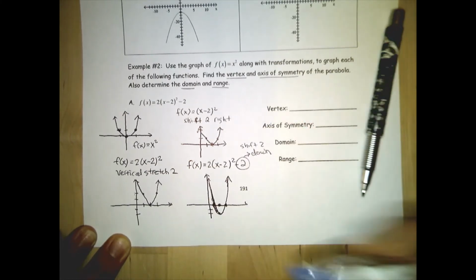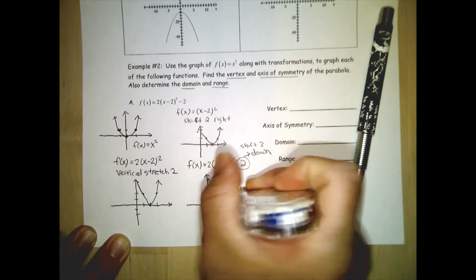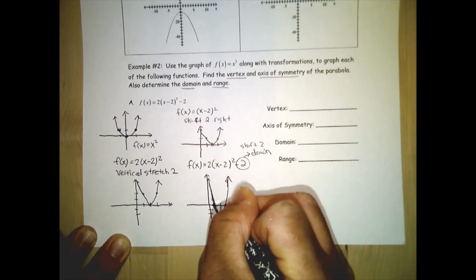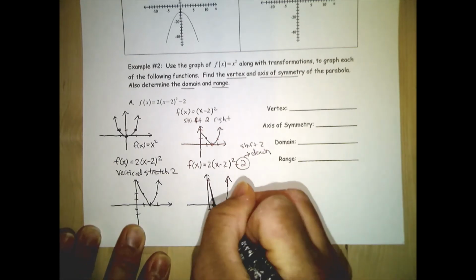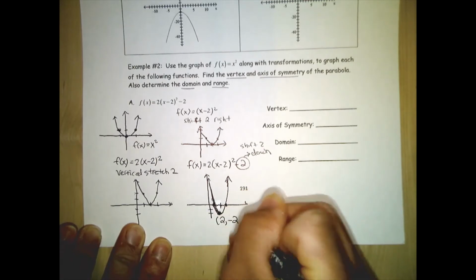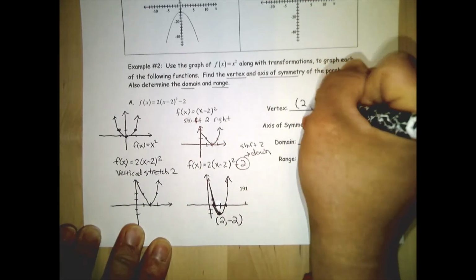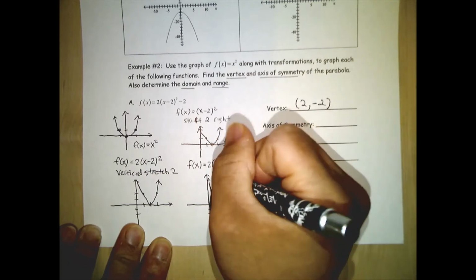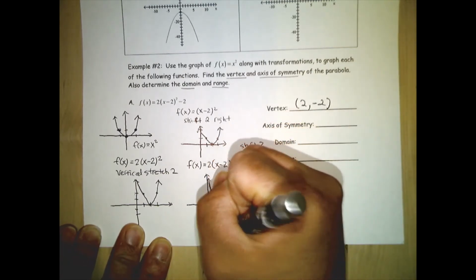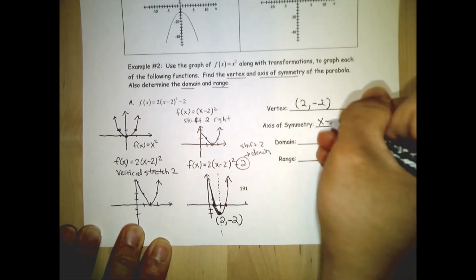All right. And actually, here, just to avoid any confusion, I'll just remove that tick mark. Now, the minimum here is the vertex, so that's at 2, negative 2. The axis of symmetry is the line right down the center of the parabola, so that is x equals 2.